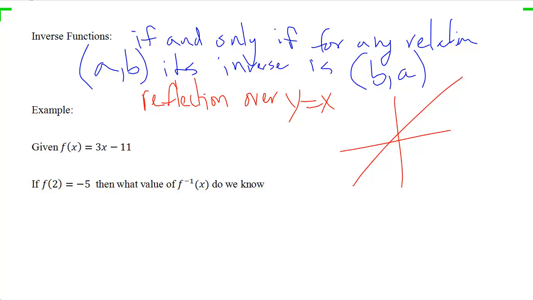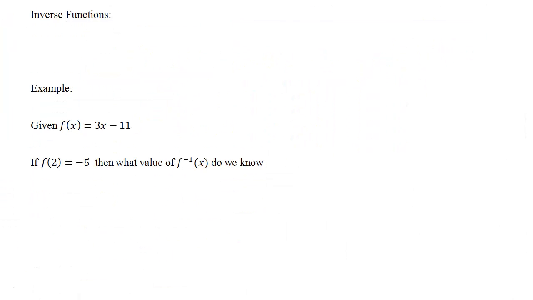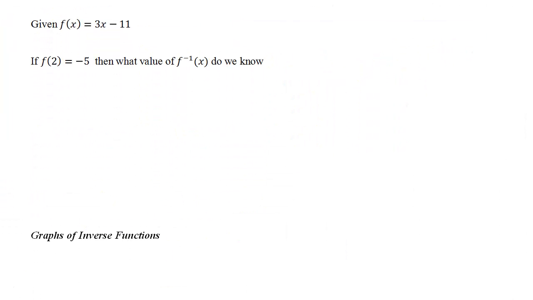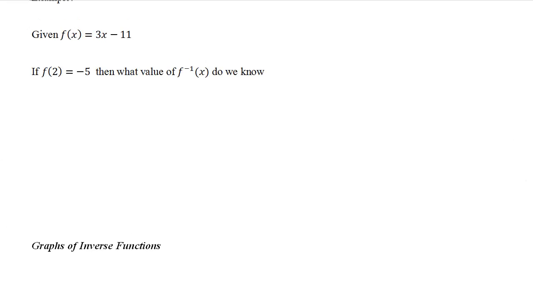So let's take a look at the examples here. When I look at this function f(x) equals 3x minus 11, oftentimes it's easier if we get rid of the function notation and write it as y equals instead of f(x), or g(x), or whatever they choose to use.